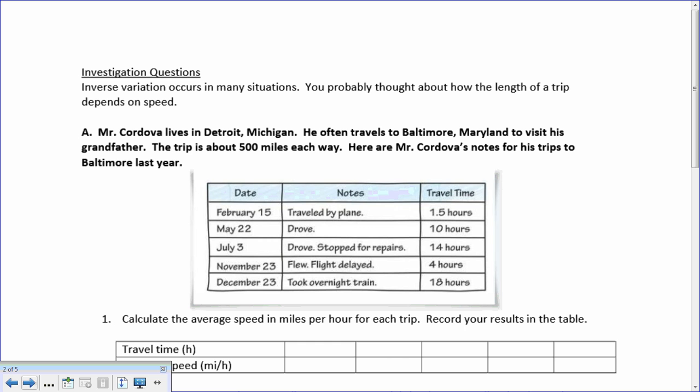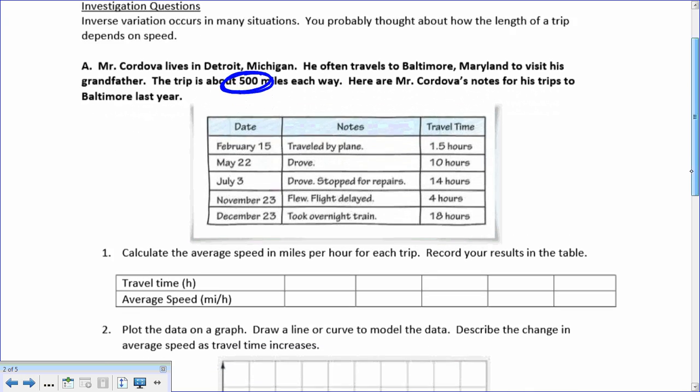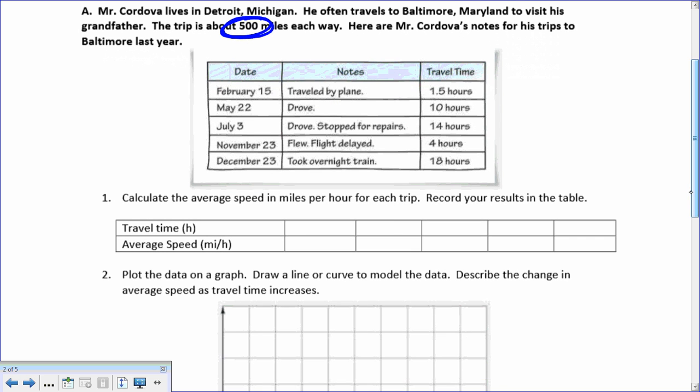Now again, if we're trying to find a constant, if it's inverse variation, the constant's going to be this number right here, 500, right? So that never changes as distance. The time traveled changes because he goes by plane for 1.5 hours. He drove 10 hours.